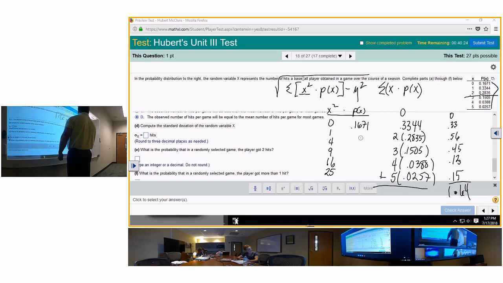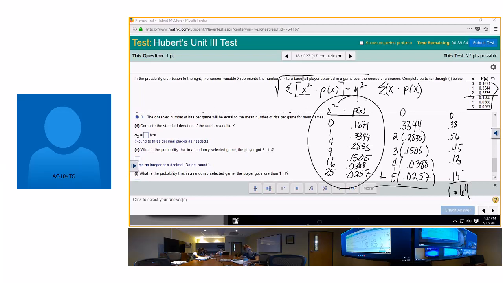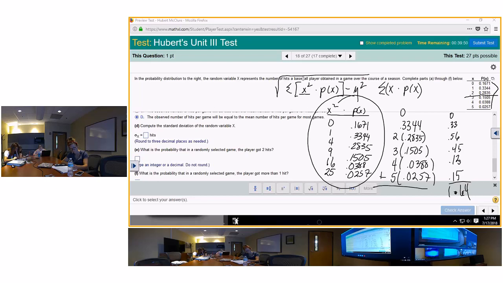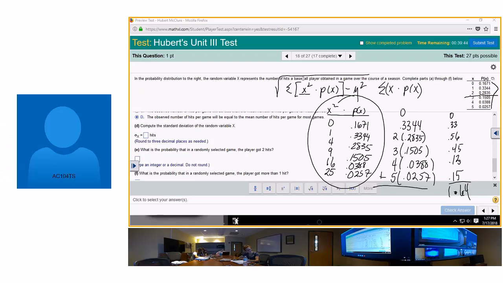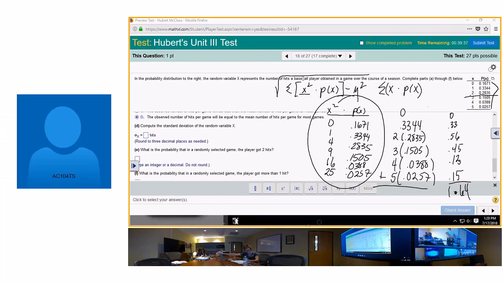And now we got to multiply it by p of x, which is 0.1671, 0.3344, 0.2835, 0.1505, 0.0388, and 0.0257. And somebody tell me what that is when y'all get it.